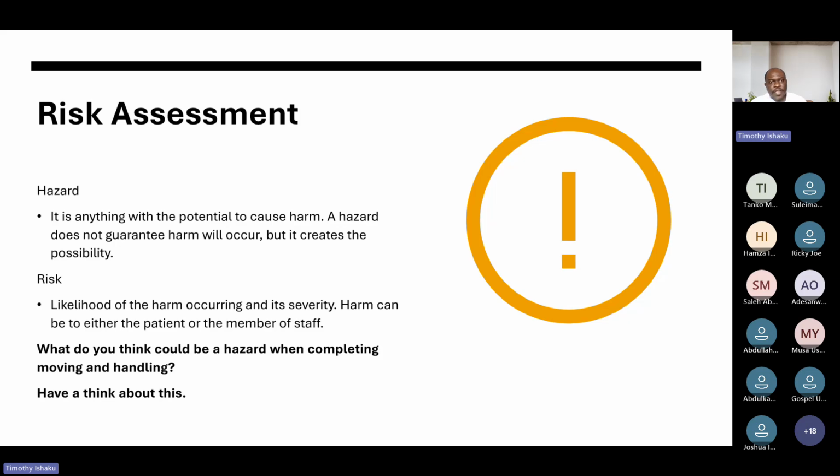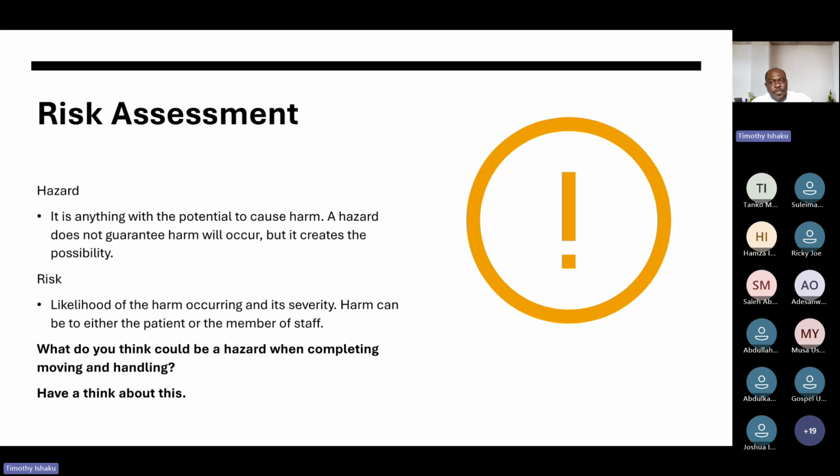You can unmute yourself or you can add to the chat box. So we have three in the list. What do you think might cause harm to you? Okay, bodily fluid.